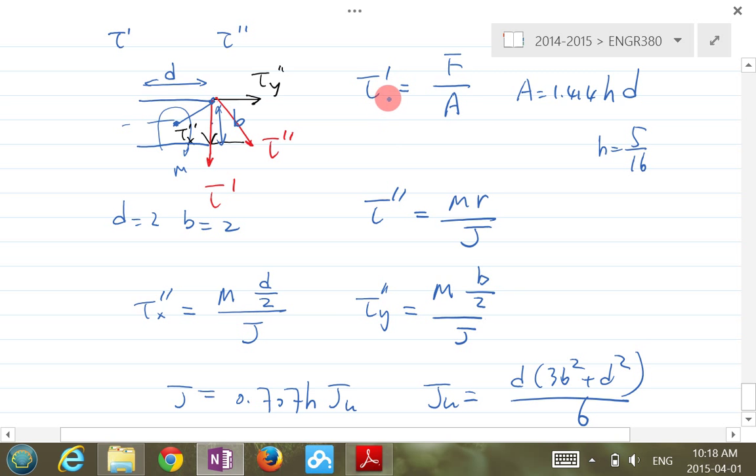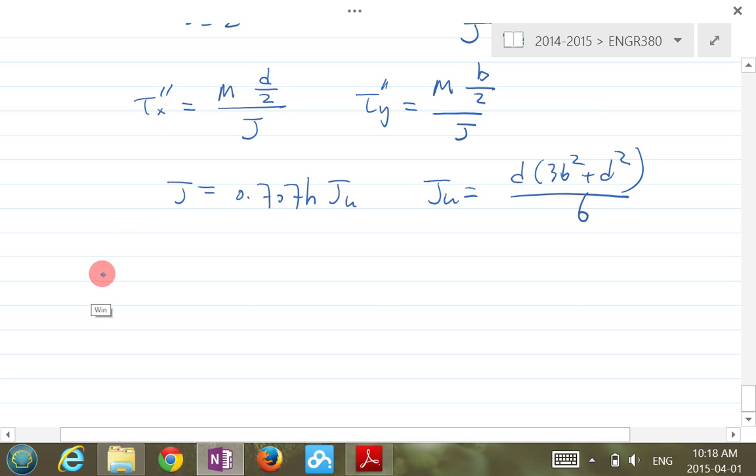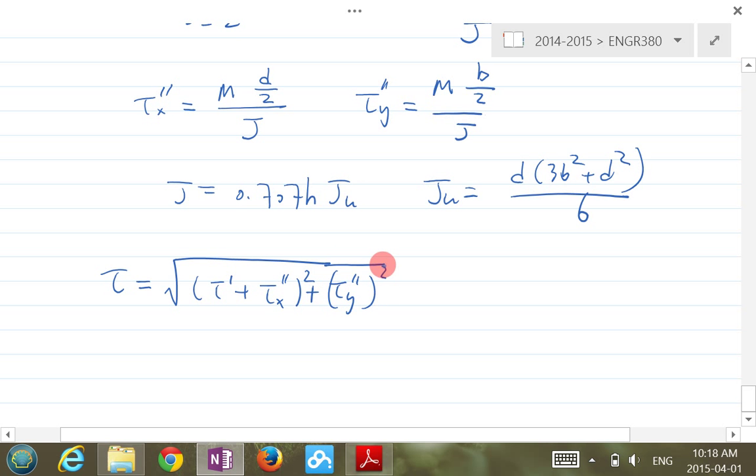Then the total shear stress is tau total, the square root of tau prime squared plus tau x double prime squared plus tau y double prime squared.